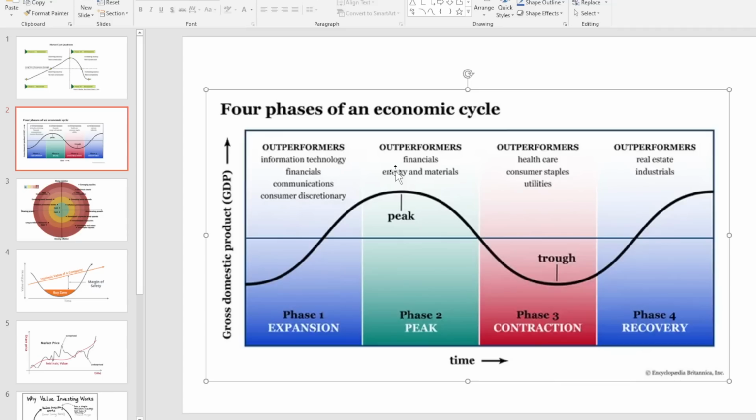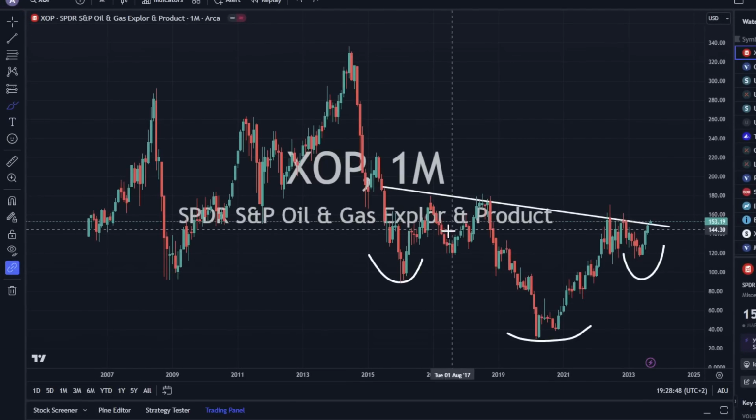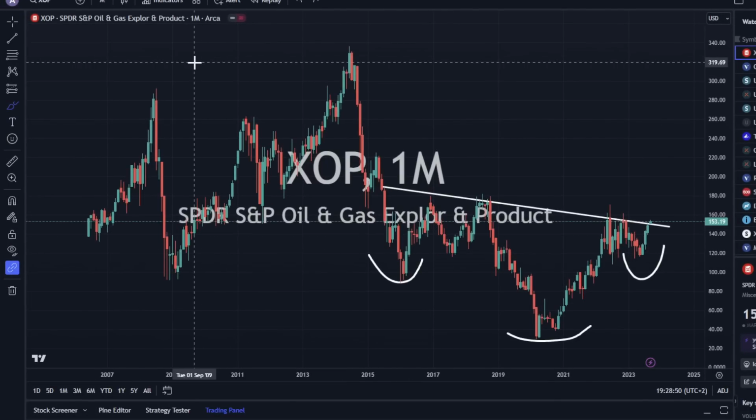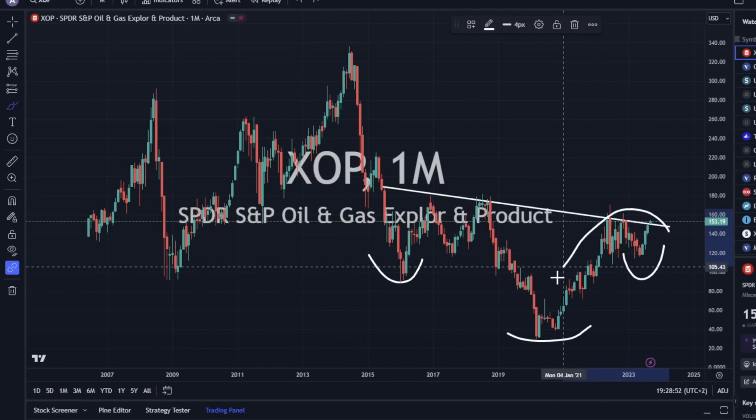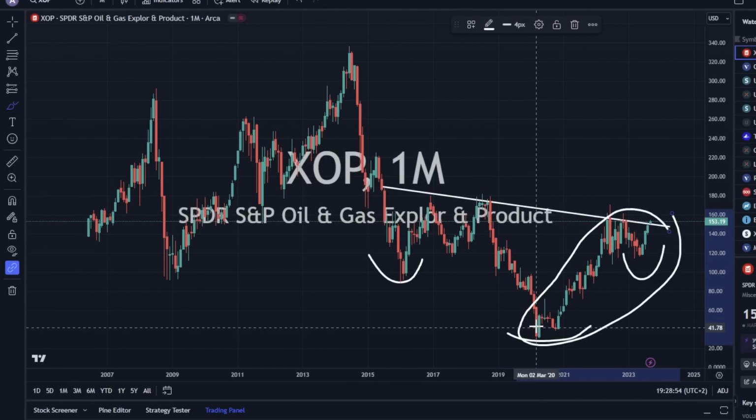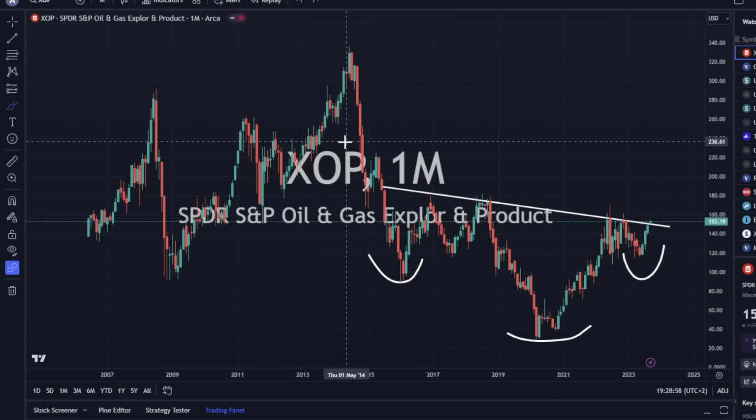And energy, although it's performed really well, in my opinion, we haven't even started this move yet. This move is part of a bottoming pattern here. And this move, where we came all the way down here, is a fictitious pullback from a stopped economy.